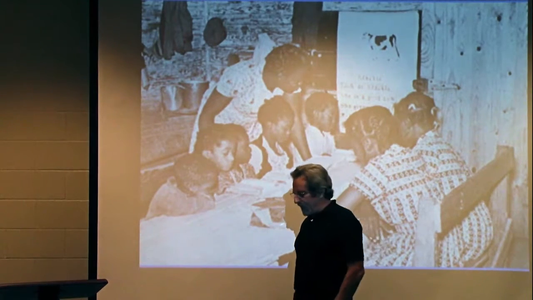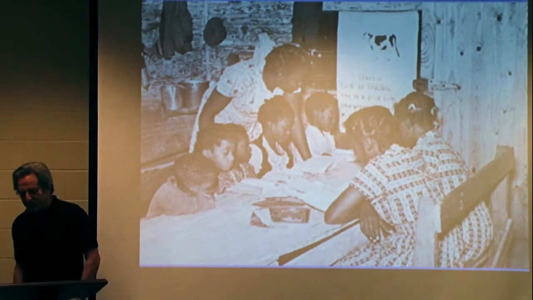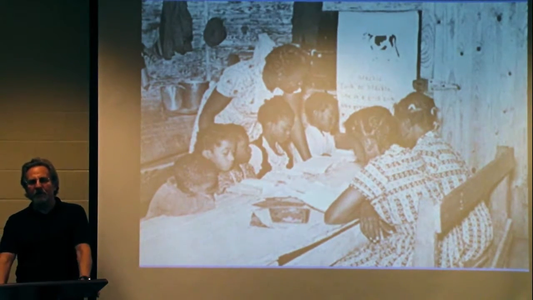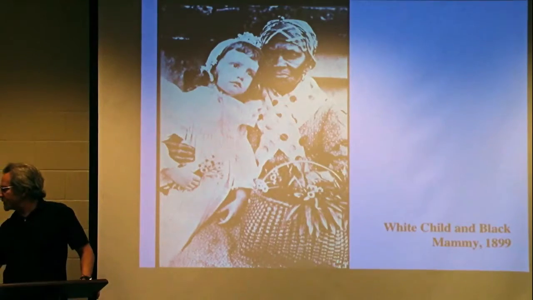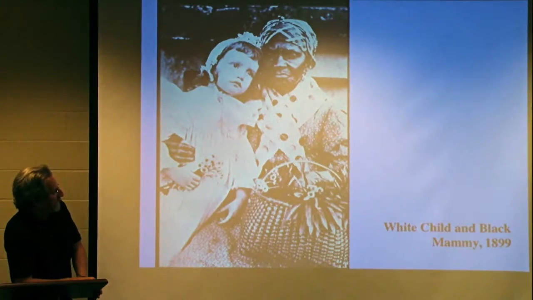When we look at the Southern domestic economy, one of the things that is quite striking, one of the things that we see immediately is a stereotypical figure called the black mammy.